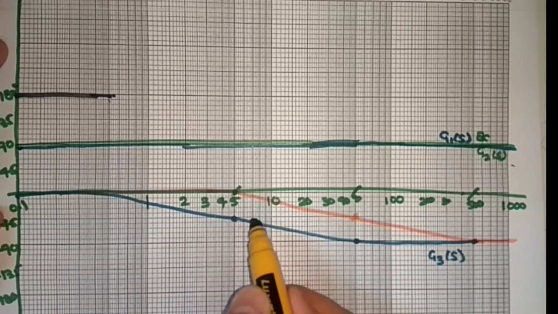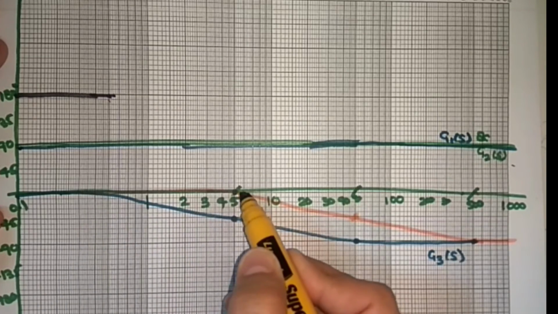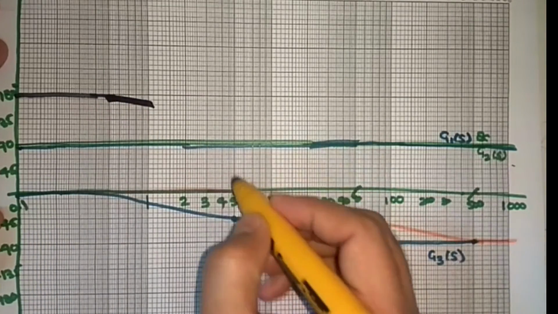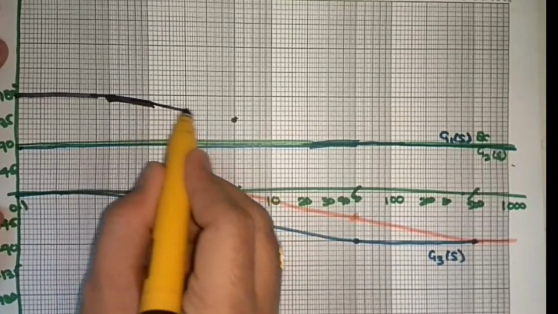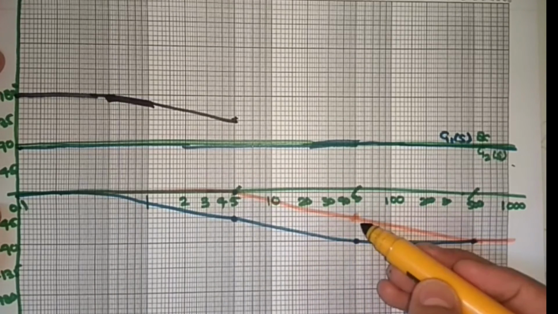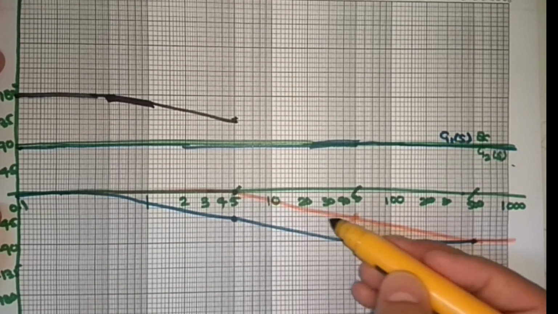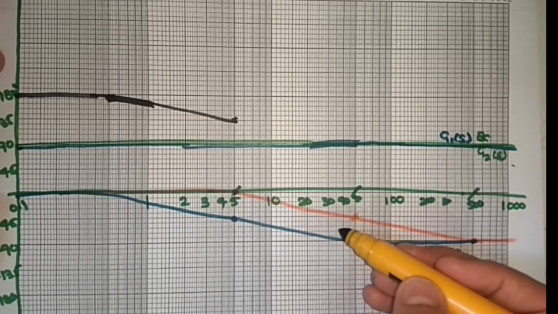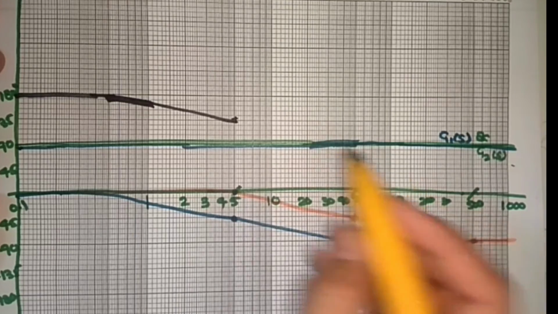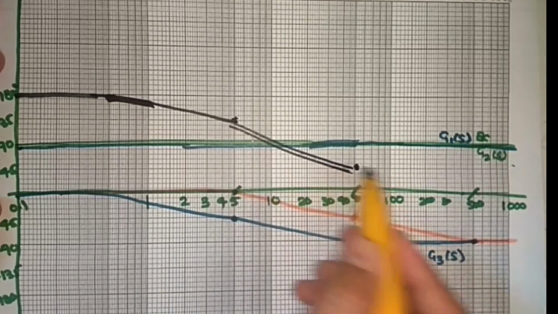And here 45 degrees, you need to come down, right? So you need to come down up to here. Next here, both together mean 90 degrees, you need to come down, right? So here you will come down up to 90 degrees.